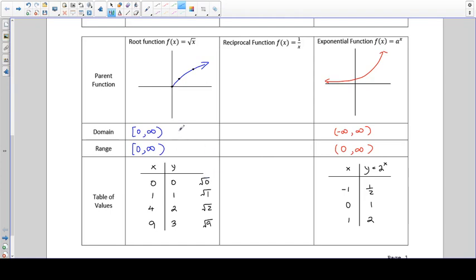So x can be greater than or equal to 0. And that's the same thing as the y, the range. y is greater than or equal to 0.